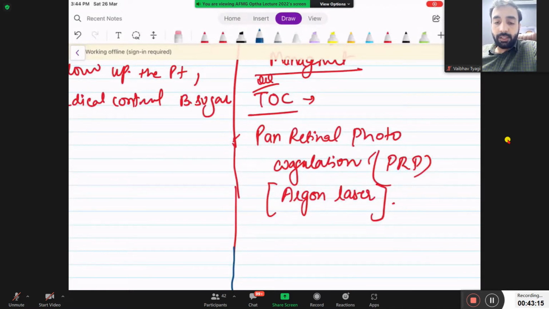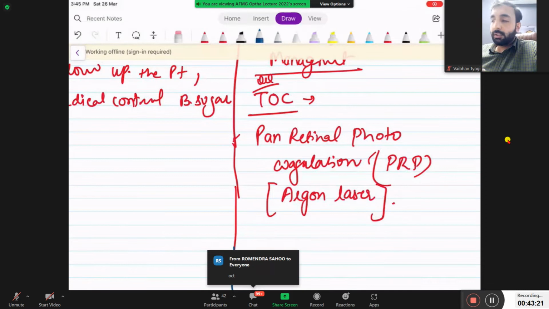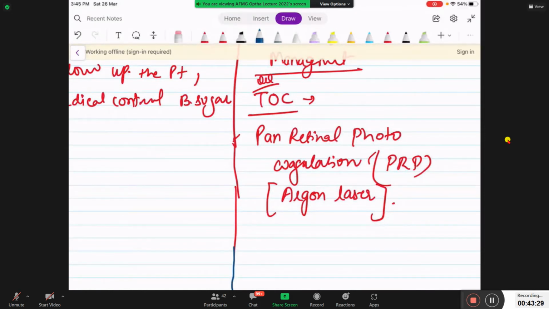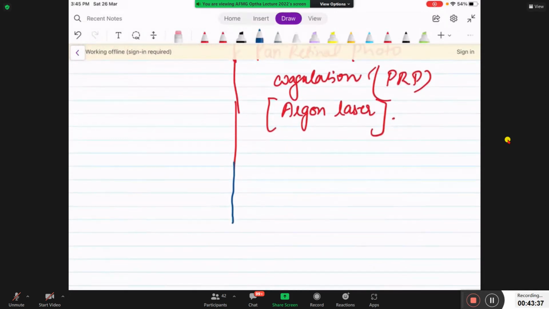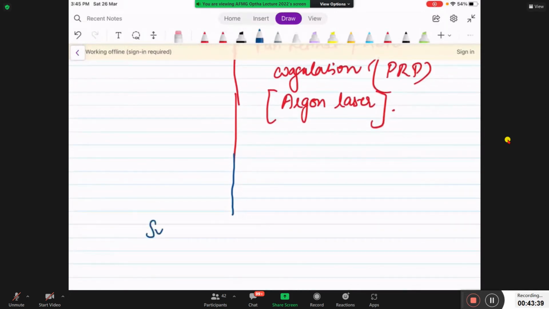How will I quantify in which layers of the retina the edema is present? OCT, right. So OCT and FFA are the two investigations which are done in diabetic retinopathy. Clear? So now coming back to pan-retinal photocoagulation, argon laser is used. Clear?